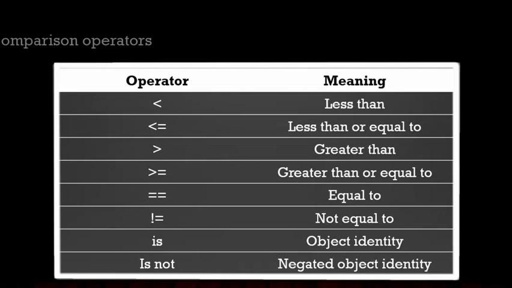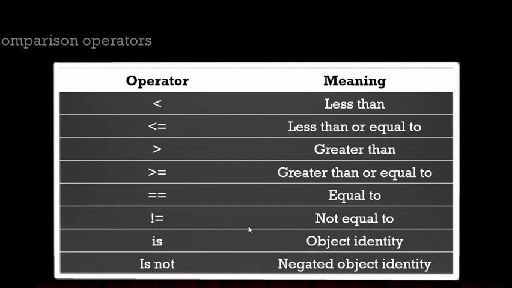The reason is, if we use a single equal sign, then it will be an assignment statement, which we have already seen in variable declaration. In the previous video we declared an integer like a equal to, and we use that equal sign for defining a variable.